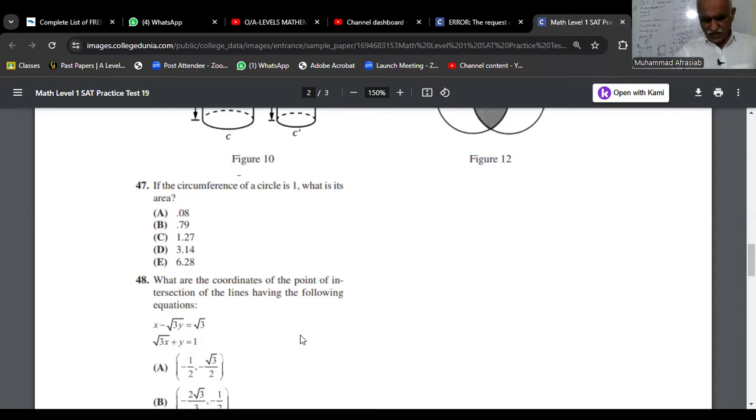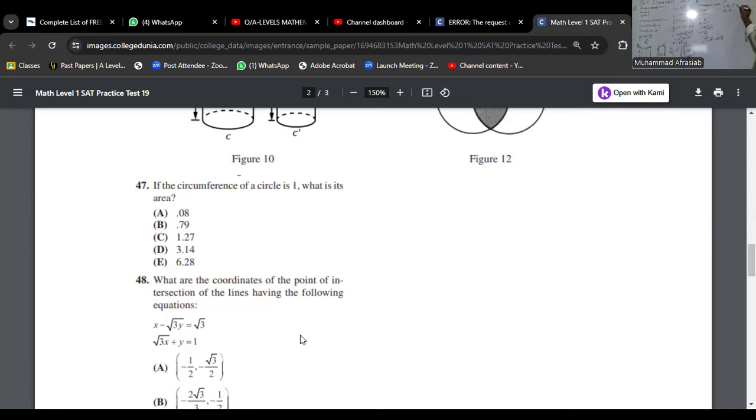What are the coordinates of the point of intersection of the lines having the following equations? x minus 3 square root of y is equal to square root of 3, and root 3 x plus y is equal to 1.